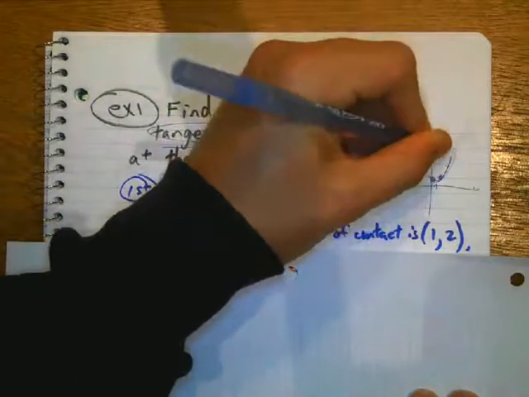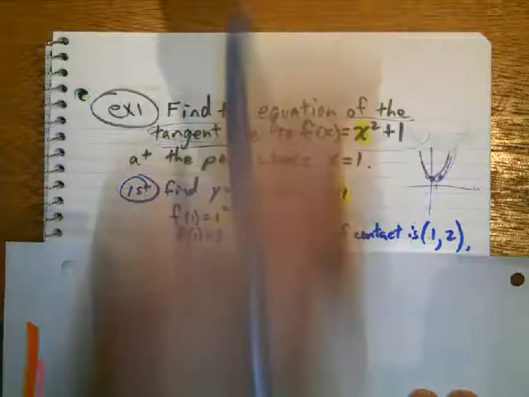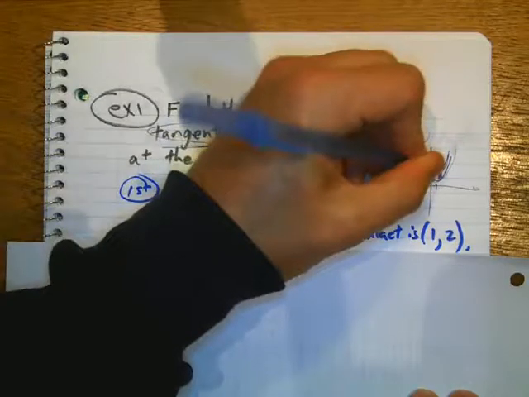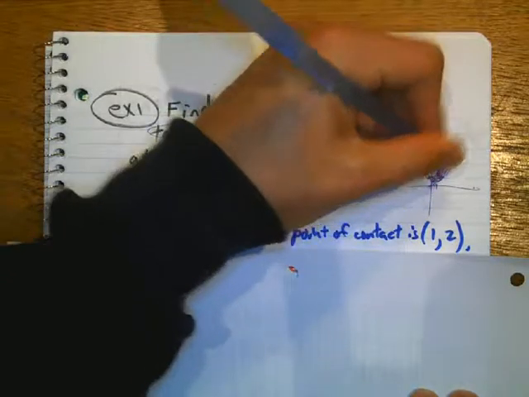Sorry, I messed up that, but we've got this point right there, and we're trying to figure out the slope of this line right here.